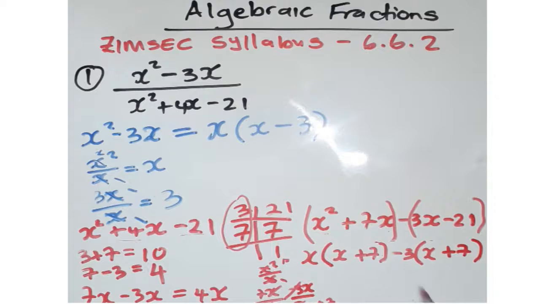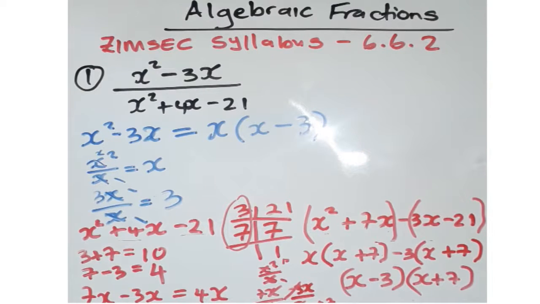So we then take these terms that are outside of the brackets to have x minus 3. These inside the brackets are the same. They always have to be the same. And we write x plus 7. Close bracket.